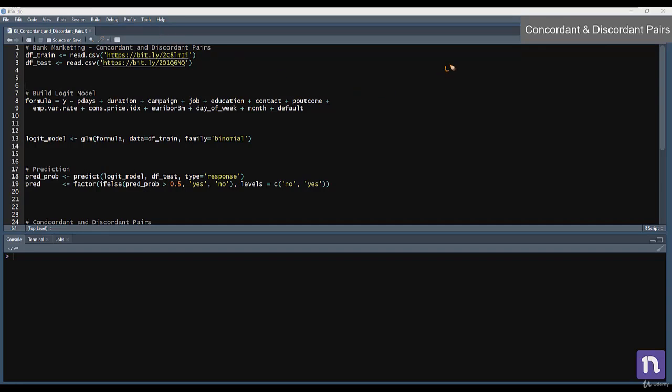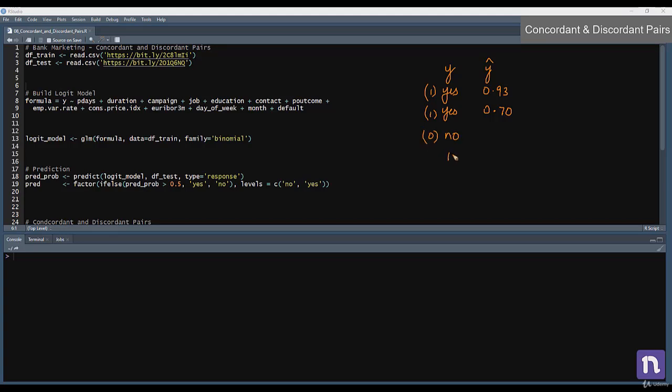Say you have y here and y hat, the probability scores here. Let's take two positive cases. Yes, yes. The predicted probability score of this one is say 93%, and for this one let it be 70%. Let's take another pair.